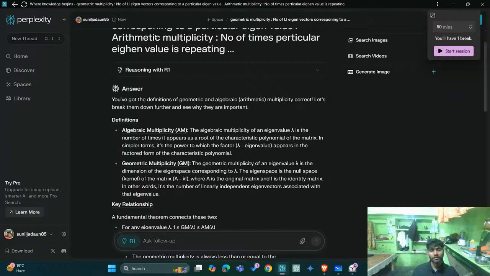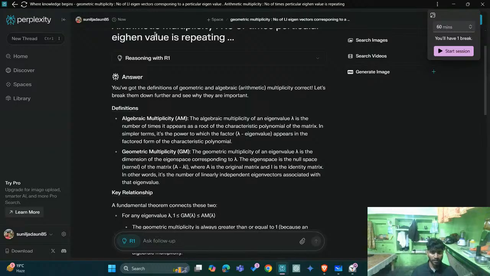All right. The number of linearly independent eigenvectors. This determines the dimension of the eigenspace. The eigenspace is the null space, the kernel of the matrix, in other words the number of linearly independent eigenvectors associated with the eigenvalue.